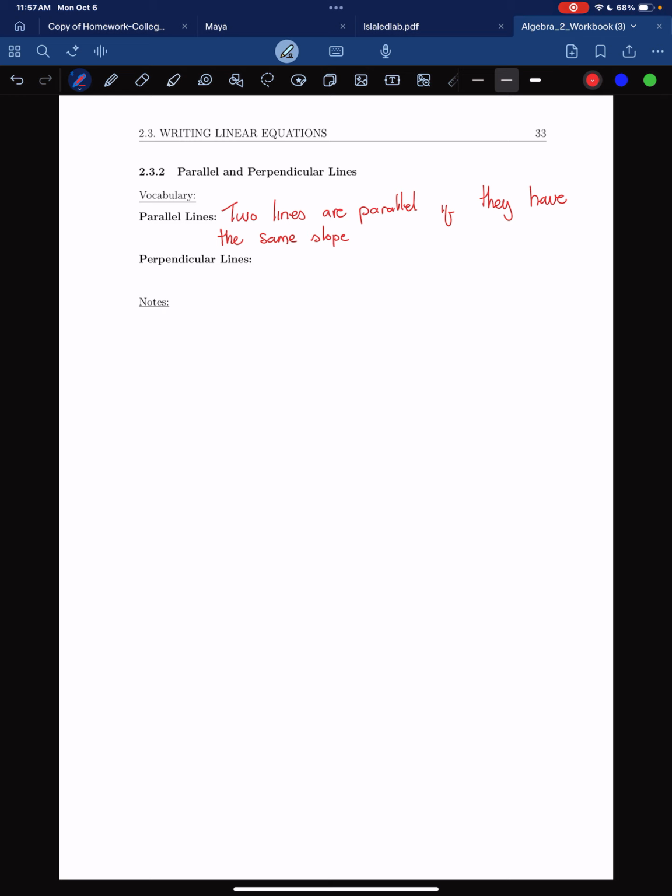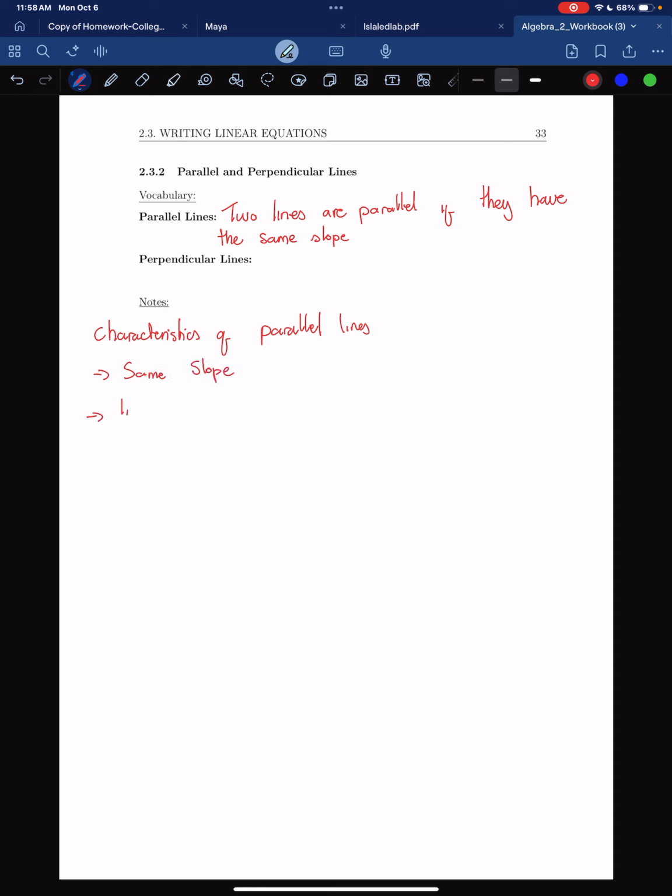So I can say, characteristics of parallel lines. Of course, we got the same slope.